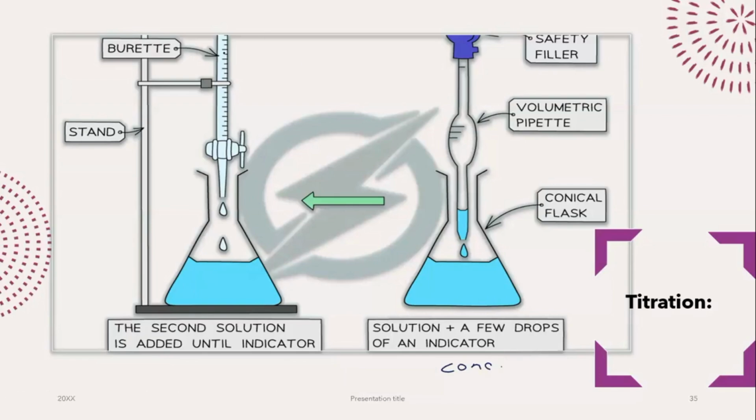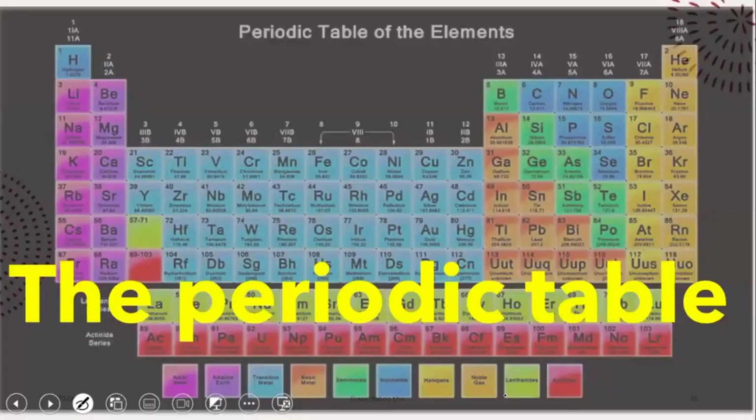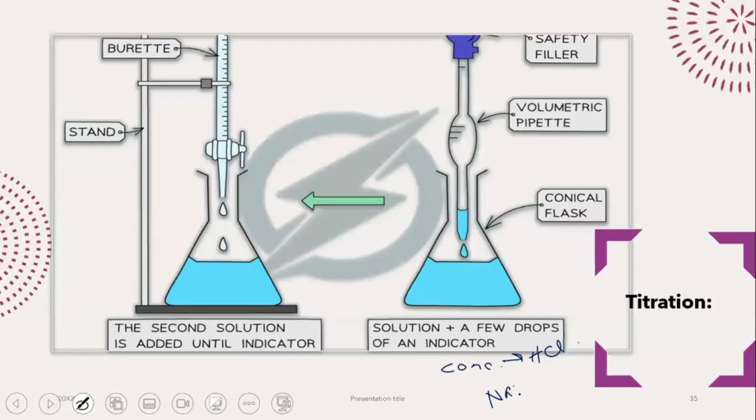Let's say that I want to find out the concentration of HCl. I provide you sodium hydroxide and I say, here, have some sodium hydroxide. The concentration of sodium hydroxide is this much. I know the concentration of sodium hydroxide. But I say, I have this acid lying about. I don't even know what the concentration is. Can you find out? You'll say, sure, no problem.